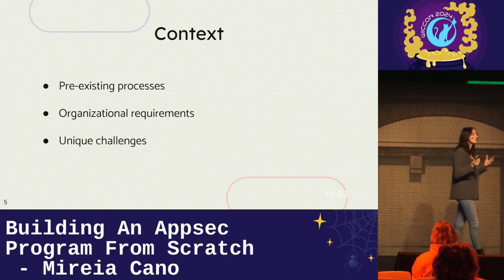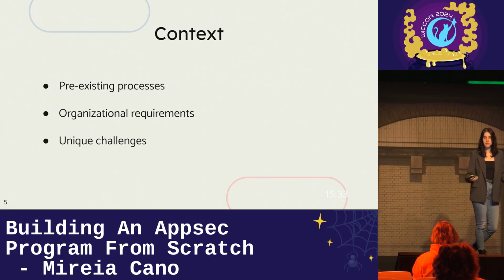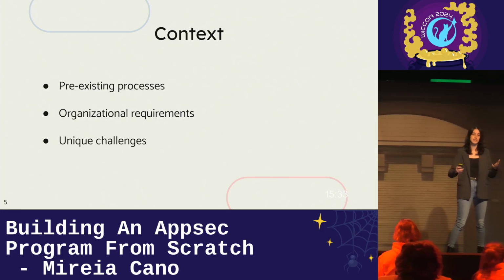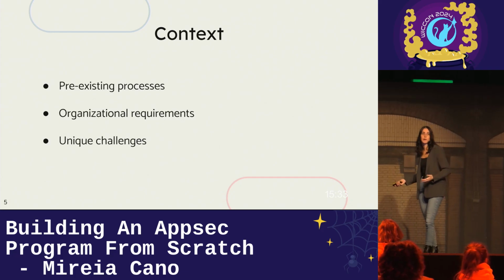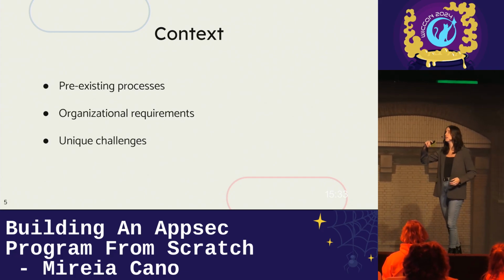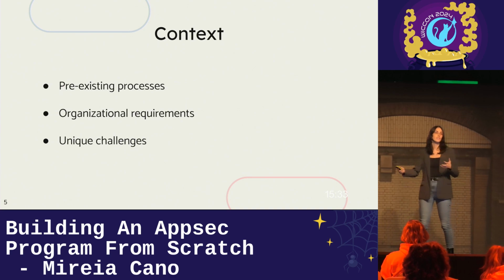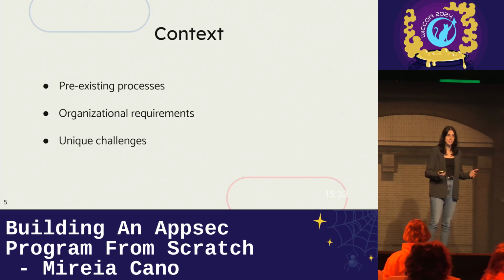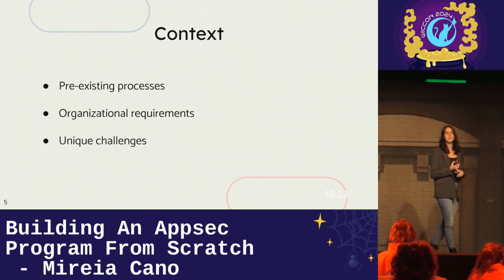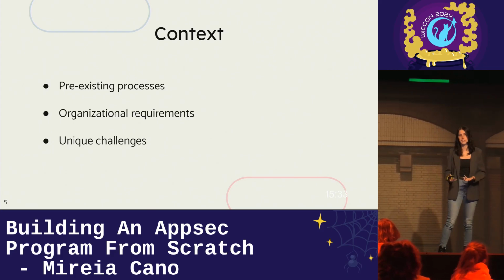But this is not always possible to implement, because we may join an organization where there are already pre-existing processes, or there are organizational requirements from compliance or management, and we cannot always just discard those processes. Also, each company is completely different. They have different focuses, different sizes, and different cultures inside the company.